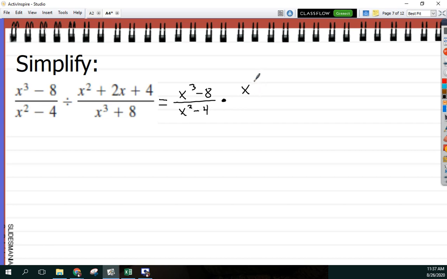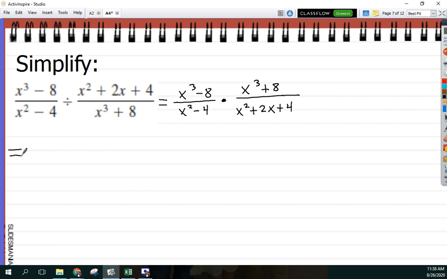So that will become x cubed plus 8 divided by x squared plus 2x plus 4. So then we want to start factoring all of those things that are factorable, which in this case is going to be all of them.